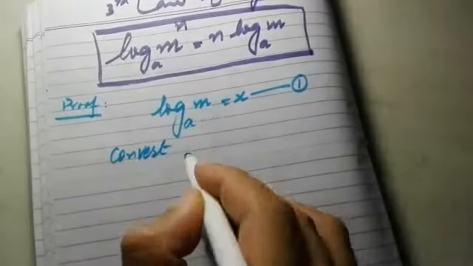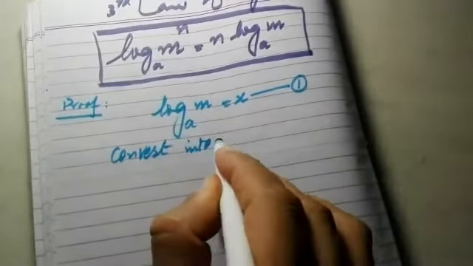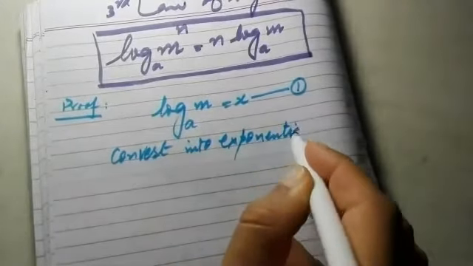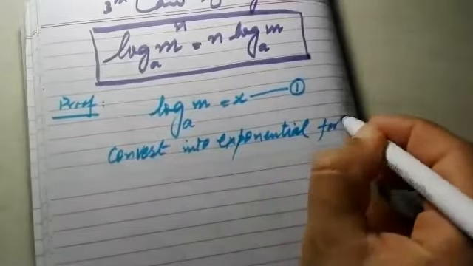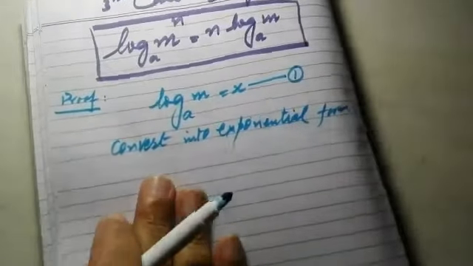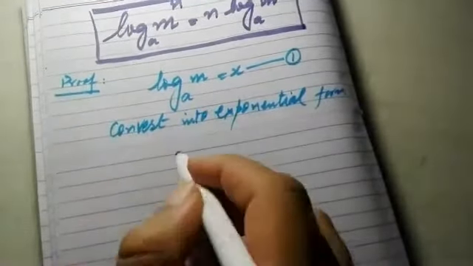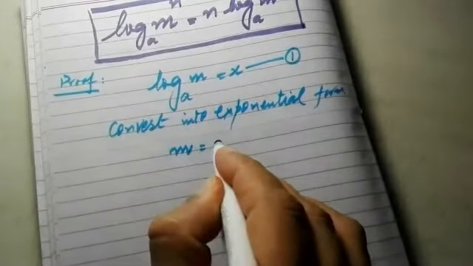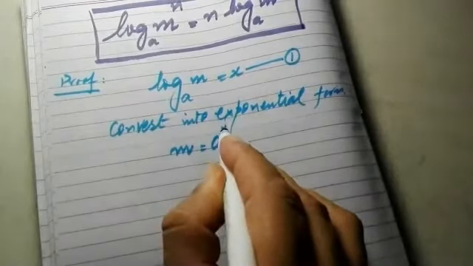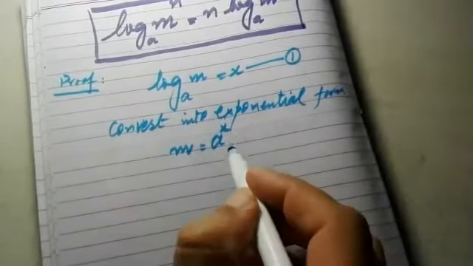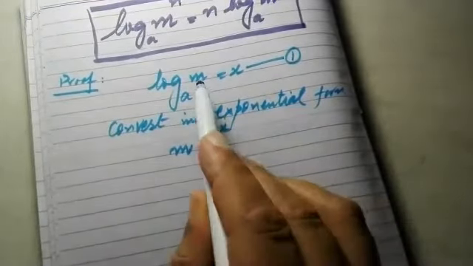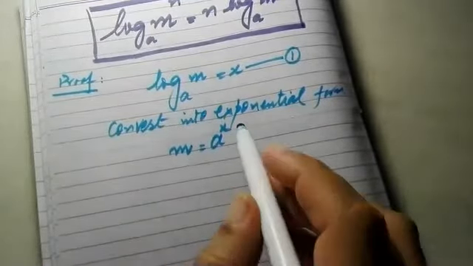Then convert into exponential form. If we convert it, it will become m is equal to a raised to power x. This is a technique we have learned in the previous topics, changing from logarithmic to exponential form.